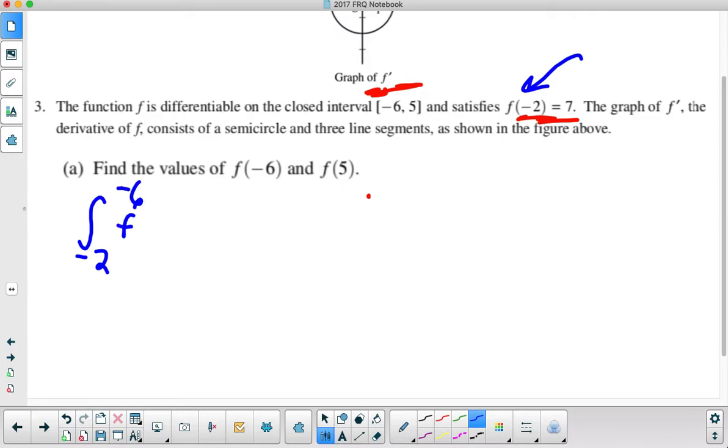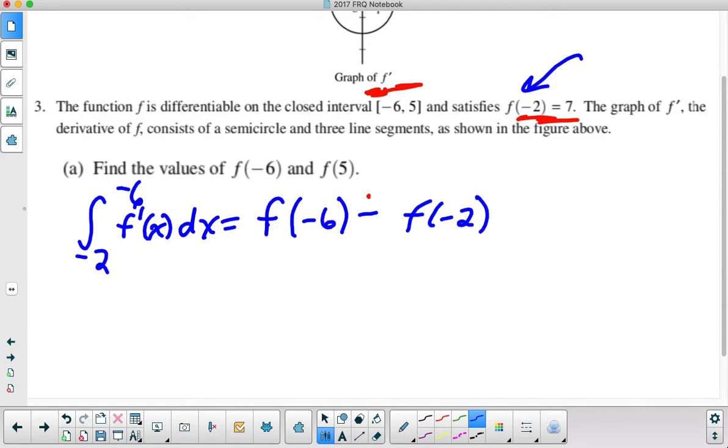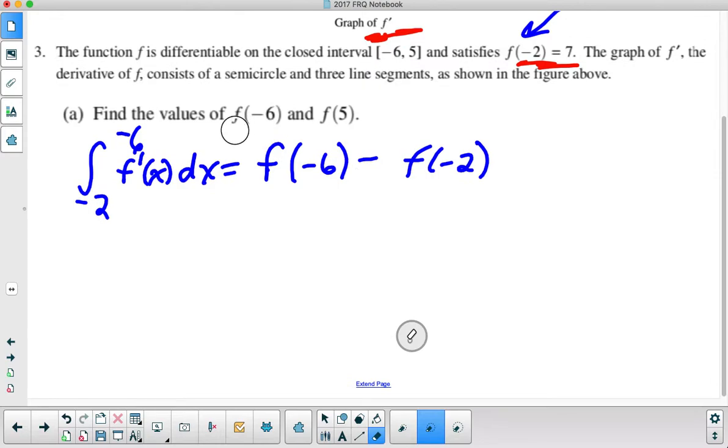So the integral of f of x dx. Now, from the fundamental theorem of calculus, sorry, not f of x, this would be f prime. So the integral of f prime gets us back to f. This is going to be f of -6 minus f of -2. We're trying to solve this for f of -6, because that's what we're looking for in our question.